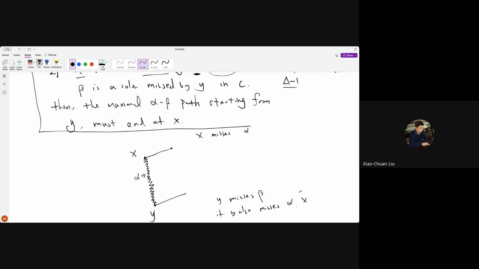So probably we should not suppose this. So it means that y will send some edge here with color alpha, but x misses alpha.